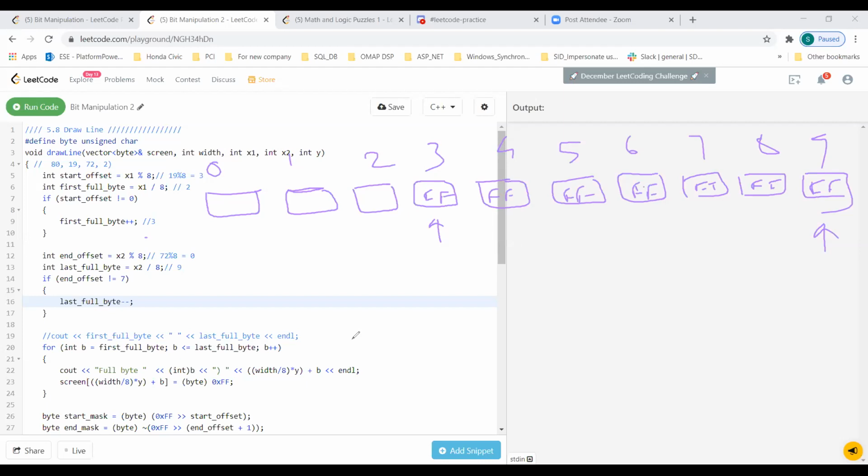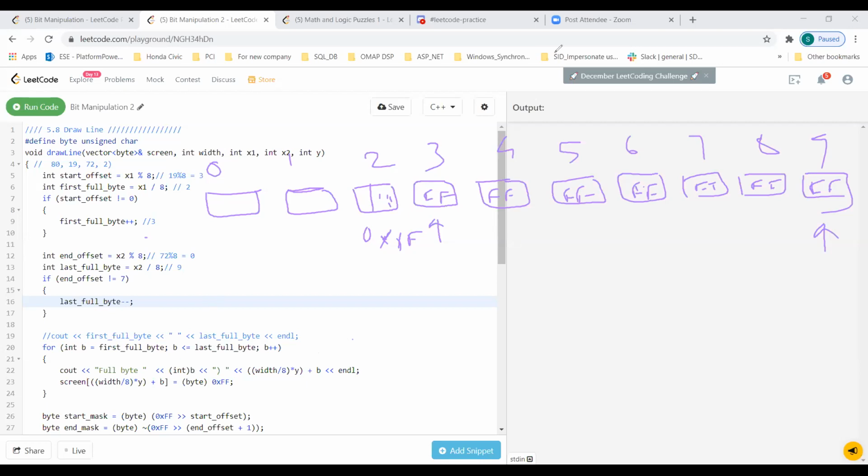And then only on the second byte, where I have the start offset, I need to leave the first 3 bits and put 1 in all of the last 5 bits. So that is going to be 0x1f. This represents a complete line. That is what he is doing.